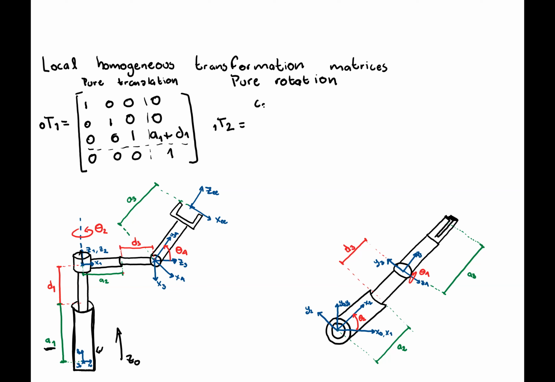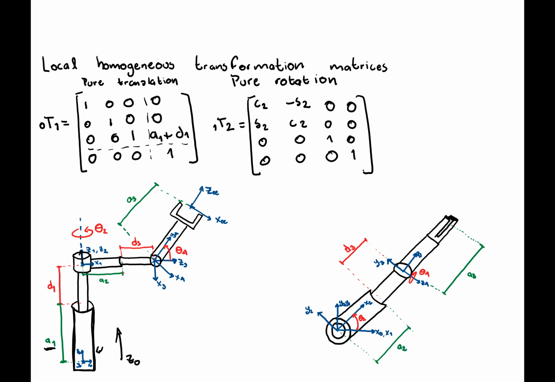So we have cosine of theta 2, minus sine of theta 2, then sine of theta 2, cosine of theta 2, and then we have 0, 0, 1, 0, 0. We know that at the bottom we have all zeros, and then there's no translation, so this is 0, 0, 0, and our 1. That is our scaling factor.